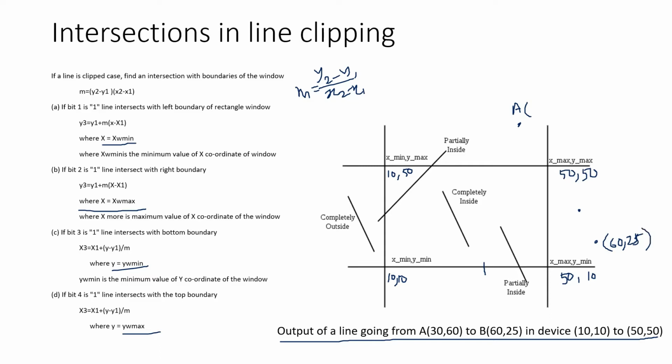The line is coming from here to here. It looks like not a straight line, but you have to assume that it is a straight line. That is happening due to my poor drawing, but let's just adjust for this one. So this is 30 comma 60, and this is 60 comma 25.